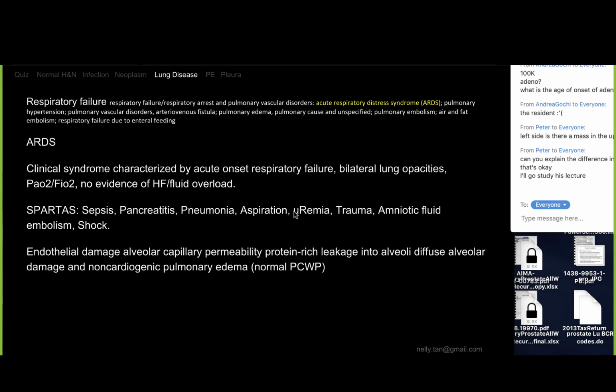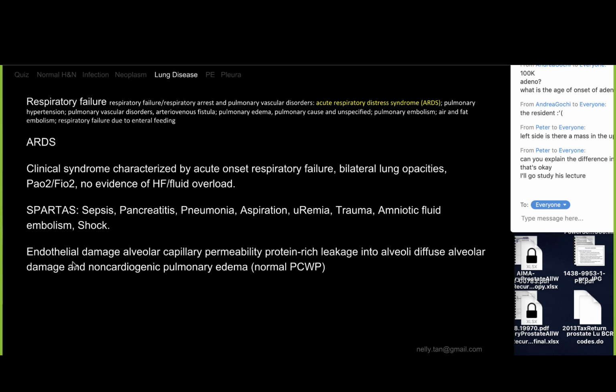The alveoli are damaged, and so you get leakage into the alveolar space. And there's this Bartus syndrome that you should know per First Aid: sepsis, pancreatitis, pneumonia, aspiration, uremia, trauma, and amniotic embolism. I don't know when you're going to ever use this, but these are sort of Step 1 material. You just have to know, and then you can forget it after.